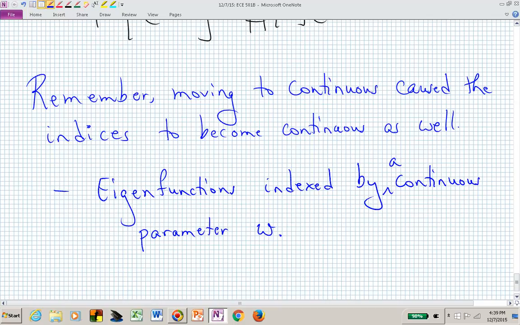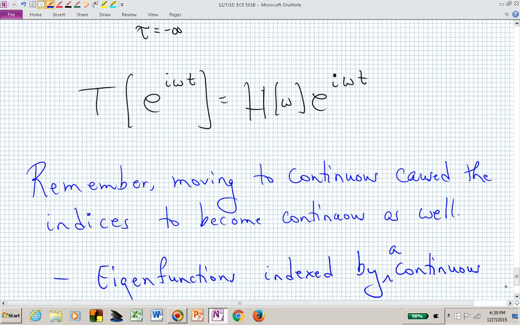And now I'm starting to see maybe a little bit of confusion here. Maybe I should have used j, because I used i for my index, and now I'm using i for square root of minus 1. Hopefully that's not confusing you.